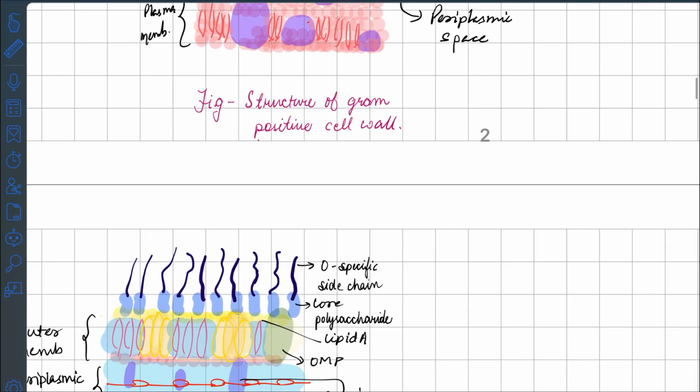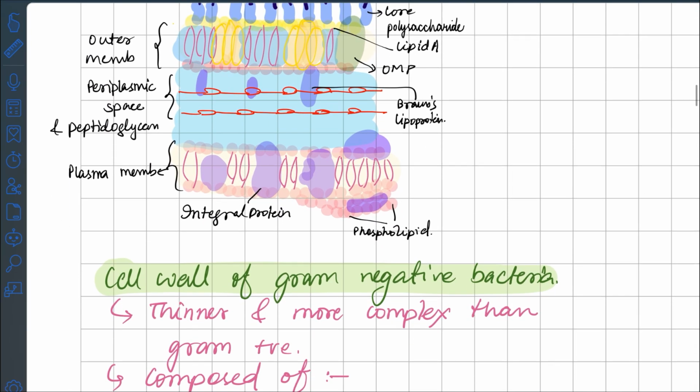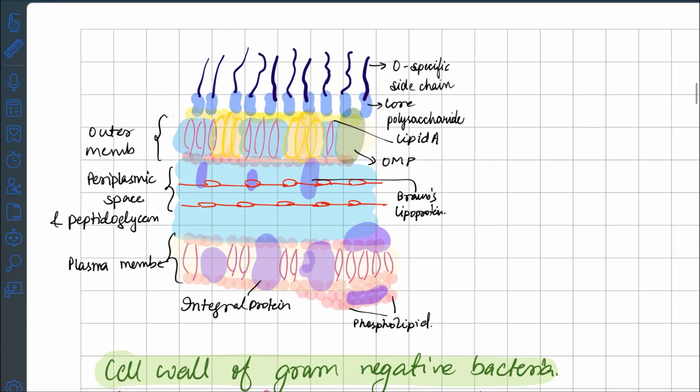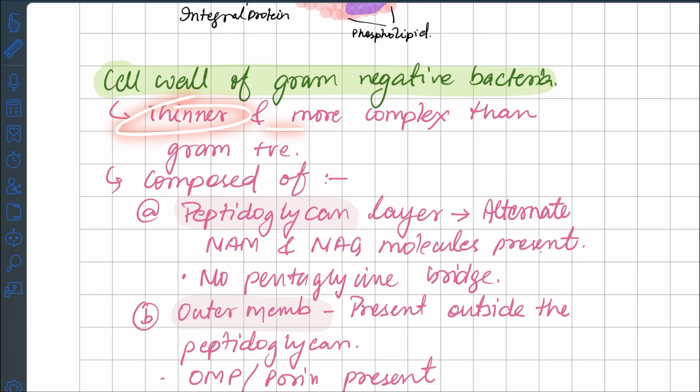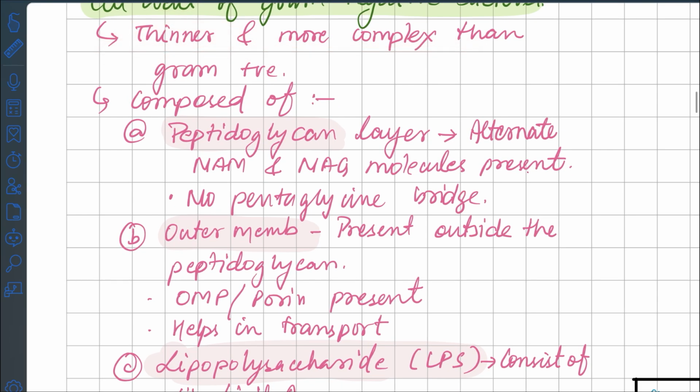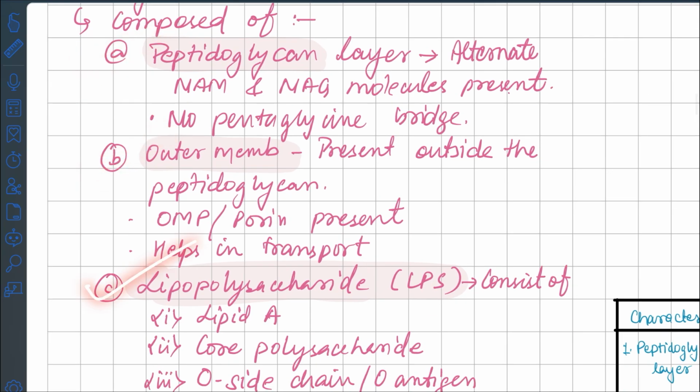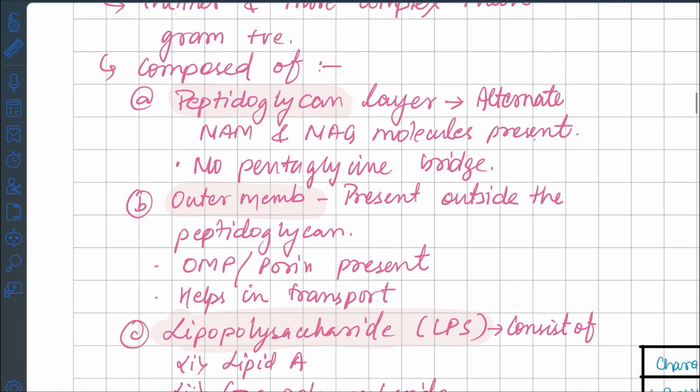Now let's go to gram-negative bacteria. This is a diagram, but let's first read about it. Gram-negative bacterial cell walls are thinner and more complex. They are composed of a peptidoglycan layer, an outer membrane and lipopolysaccharide. So you can see that it's different from the gram-positive one. The peptidoglycan layer consists of alternate NAM and NAG molecules, but the difference is that there is no pentaglycine bridge present in gram-negative bacteria.